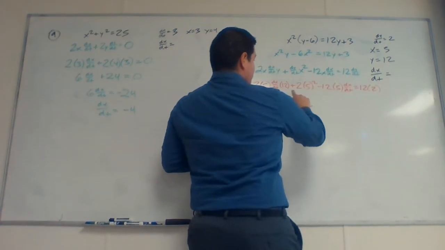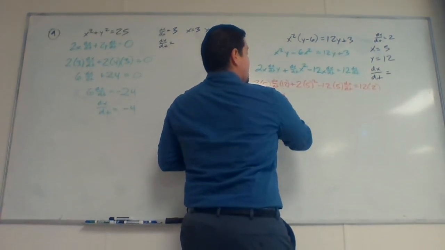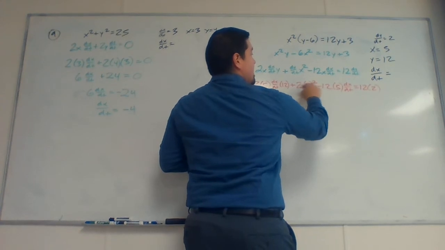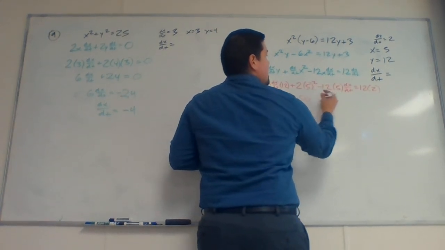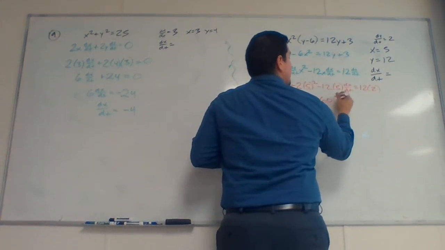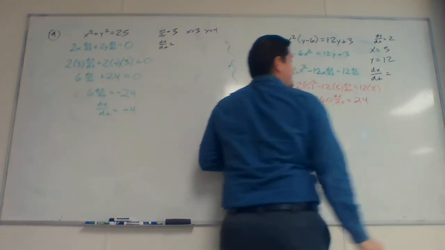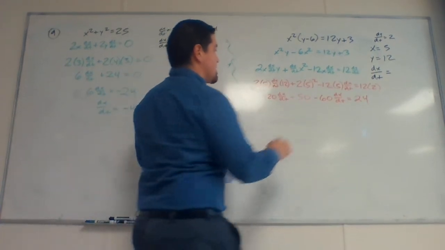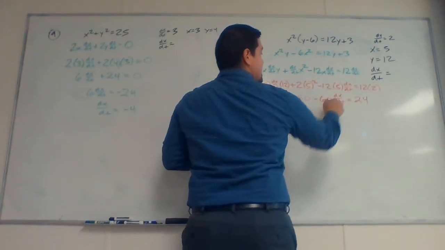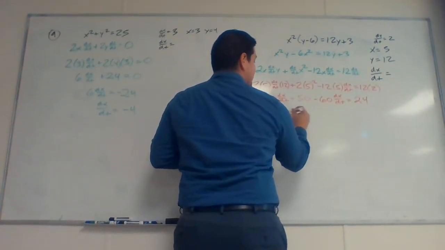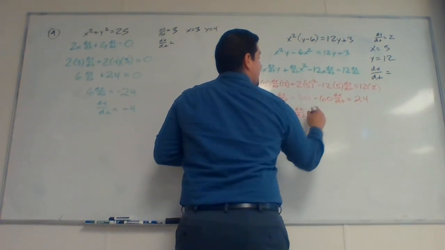Okay, so where were we? We multiplied all this. 120 dx/dt plus 25 times 2 is 50, minus 60 dx/dt equals 24. 120 dx/dt minus 60 dx/dt is 60 dx/dt.